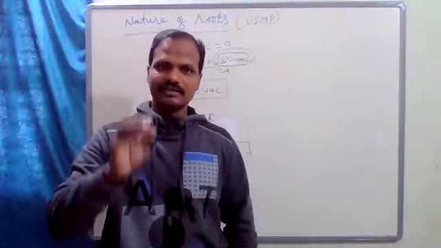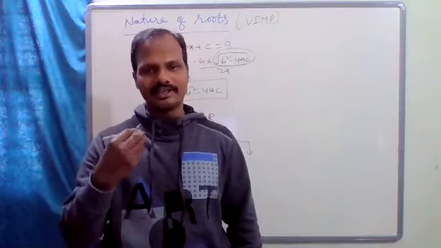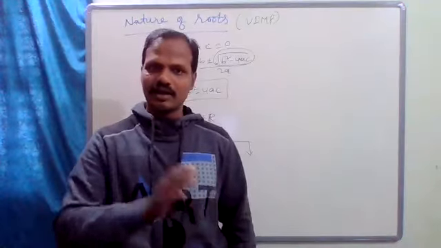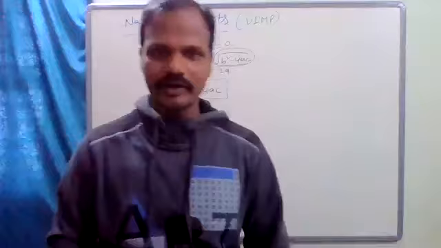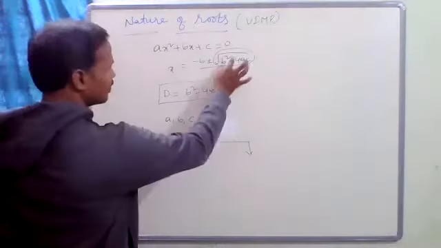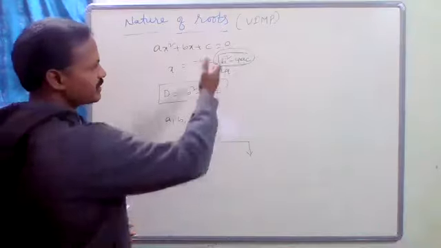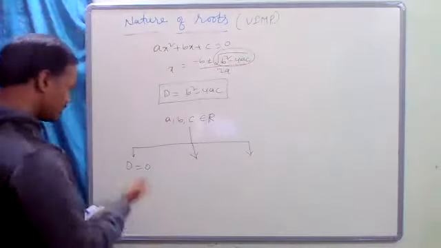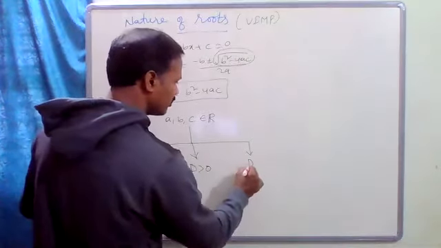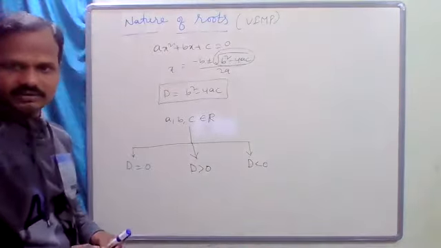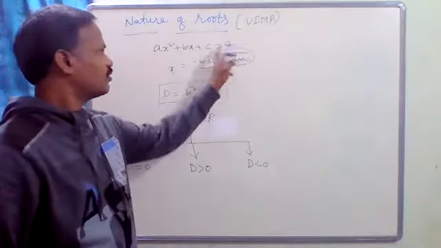So b square minus 4ac, that is the discriminant, is either D equal to 0, or D greater than 0, or D less than 0. Only three cases.